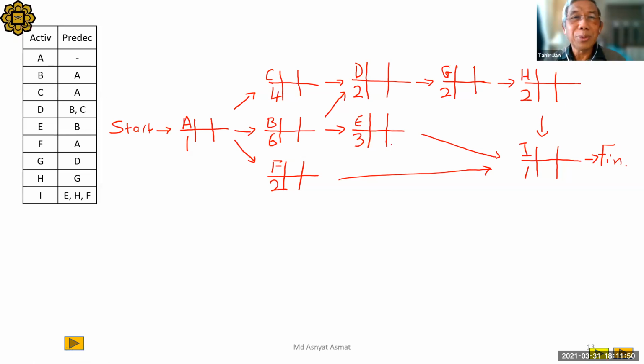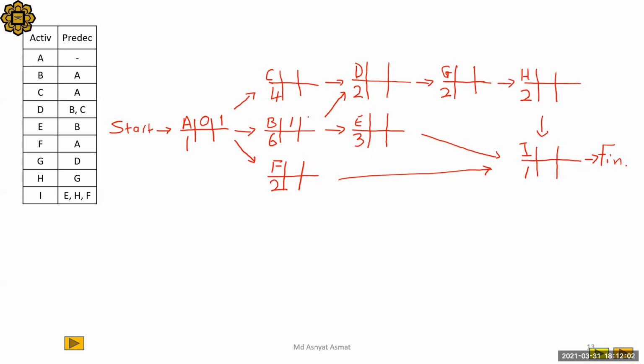Now what? Forward pass. Let's start time 0. A: 0, finish 1. B: 1, 7. C: 1, 5.